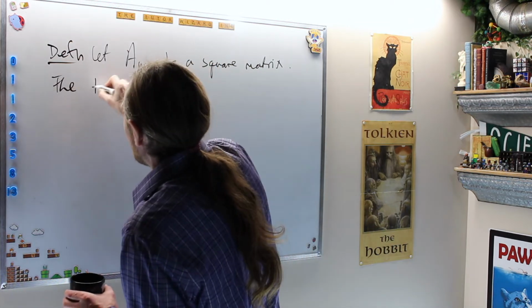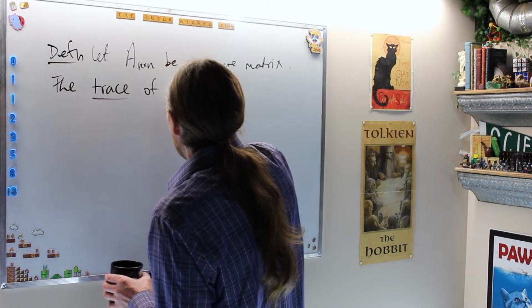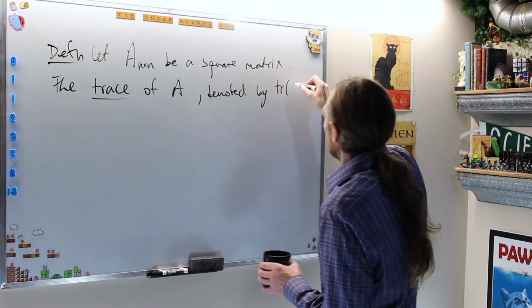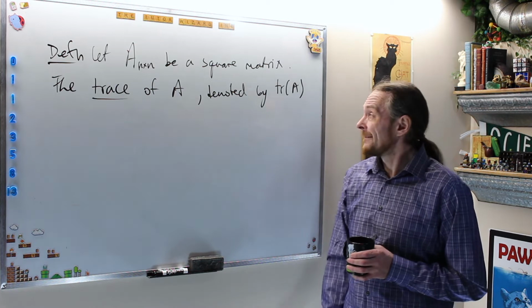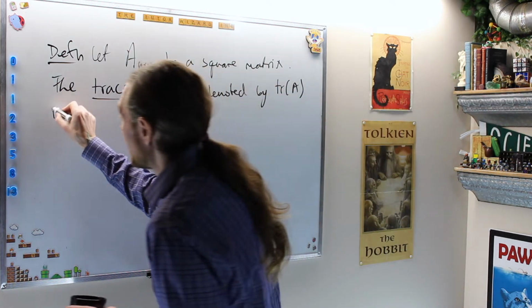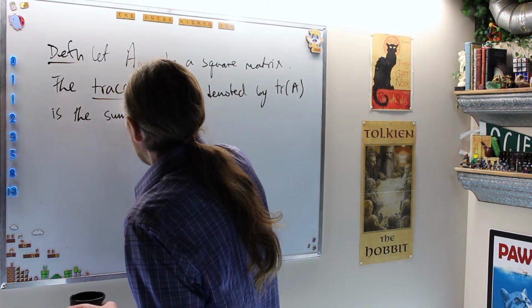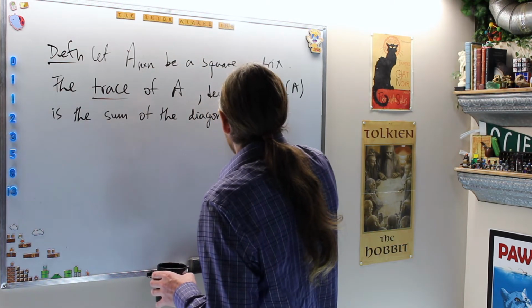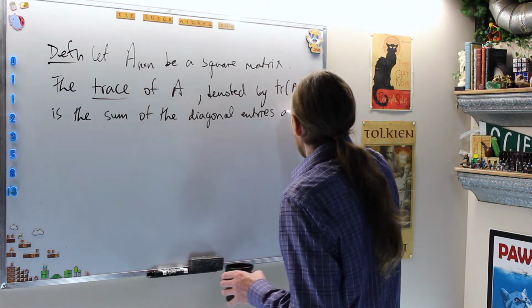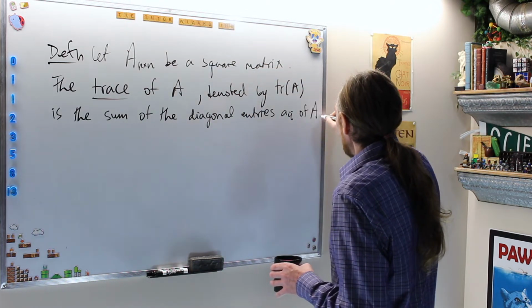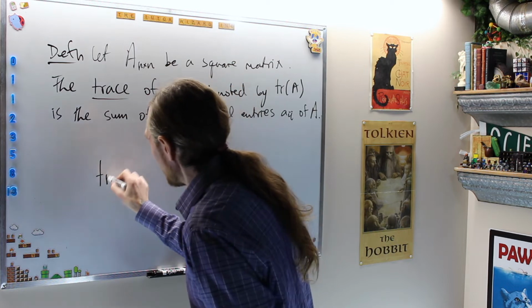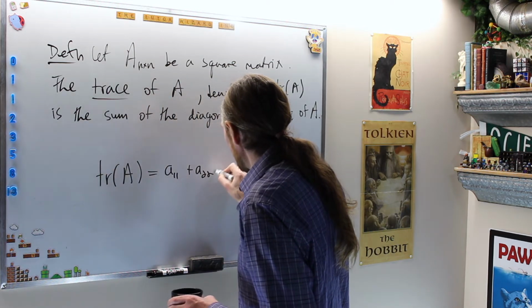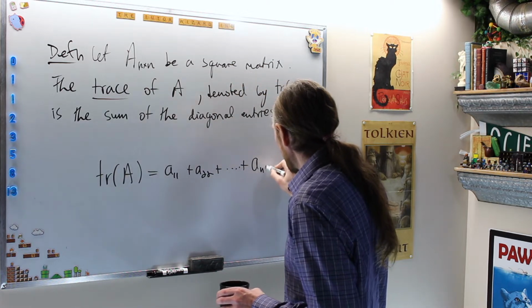The trace of A, denoted TR of A, is the sum of the diagonal entries Aii of A. What does that mean? The trace of A is equal to A11 plus A22 plus dot dot dot plus Ann.